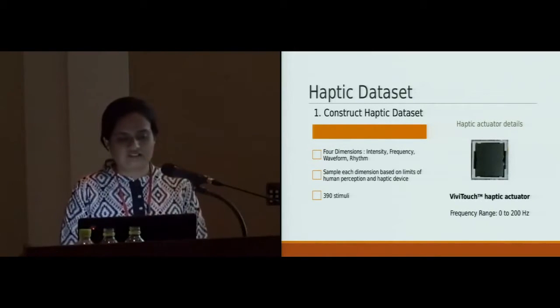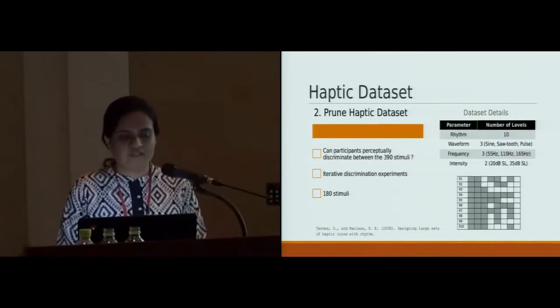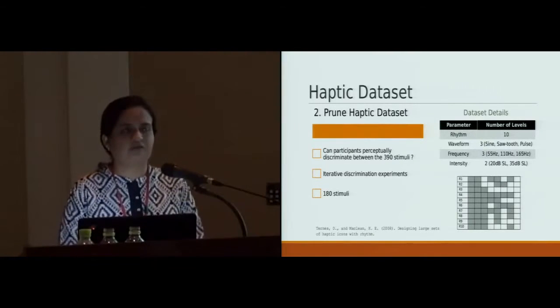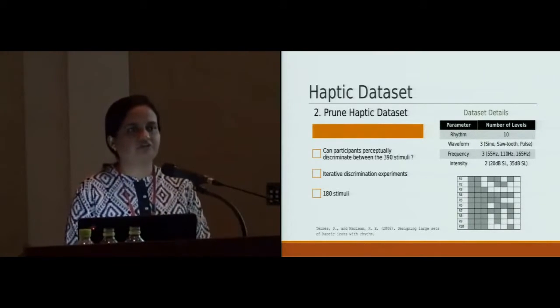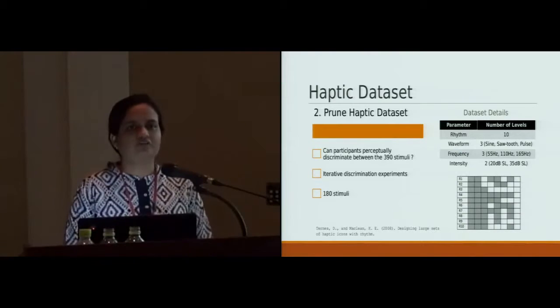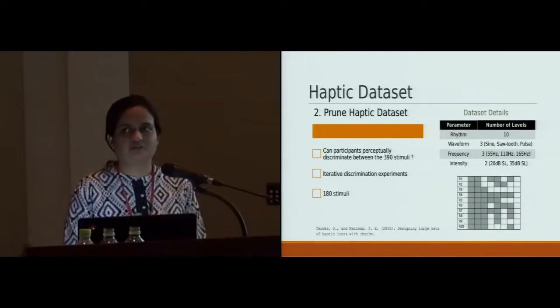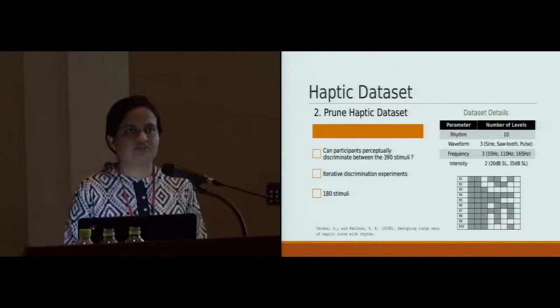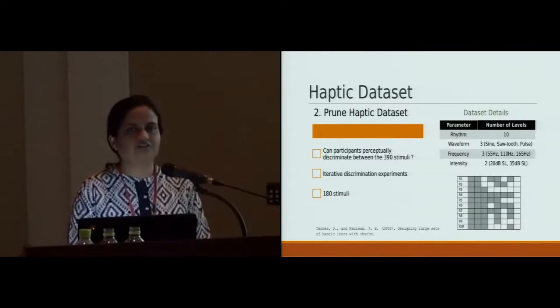Now, this was a large data set. So our next step was to prune this data set. Our goal was to make sure that all the haptic stimuli in the data set were perceptually discriminable. So we conducted a series of discrimination experiments with our participants. Basically, we played 2 haptic stimuli, one after the other, and we asked them if they could discriminate between those 2 stimuli.